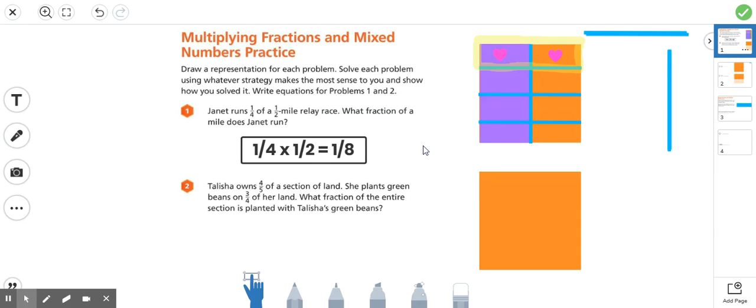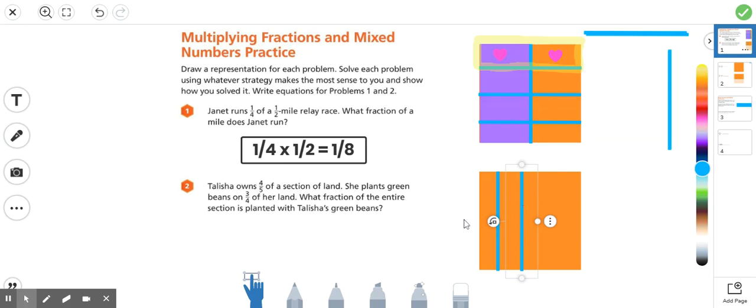Problem 2. Talisha owns 4/5 of a section of land. So remember I said for 4/5 of a section of land, then I'm going to break it apart like this, and I'm going to do one fraction all the same distance.